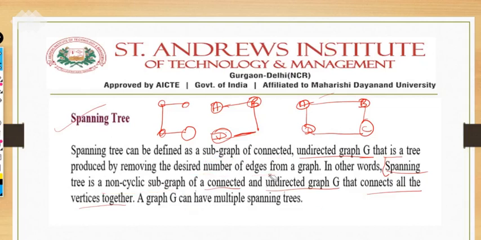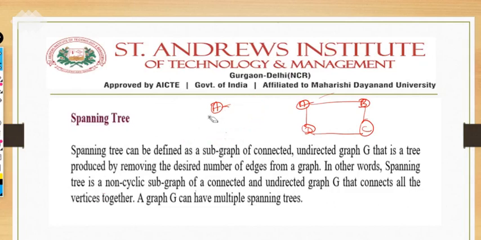I hope it is clear to all. It's very simple: a spanning tree is basically a non-cyclic, connected, undirected subgraph which connects all the vertices.